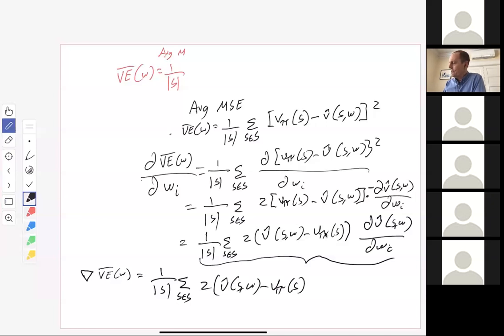Well, a vector of V hat derivatives is just the gradient of V hat. So what we're saying is the gradient of the loss is going to be this term here times the gradient of the approximate value function.